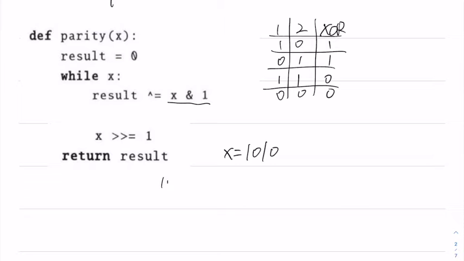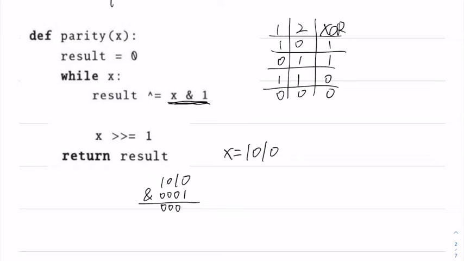We first AND x with 1, and we can put 0 as placeholders in front of the 1. Everything that is ANDed with 0 gives us 0. So essentially we don't have to look at anything in front of the last digit. We only look at the last digit. Every time we go through this step, we only look at the last digit of the binary number.